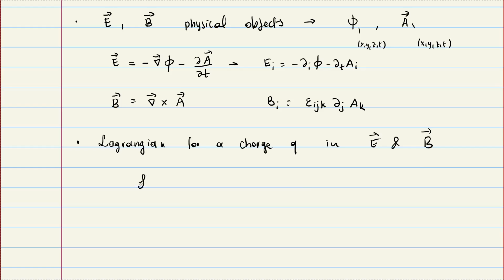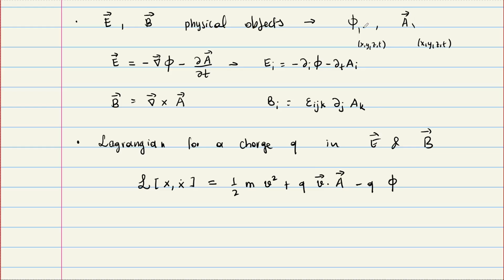So Lagrangian depends on x and derivative of x, and we need to do y and z similarly. And here's the Lagrangian. I'll write it and I'll argue why it is like this. So this is 1/2 m v squared plus q v dot A minus q times phi.